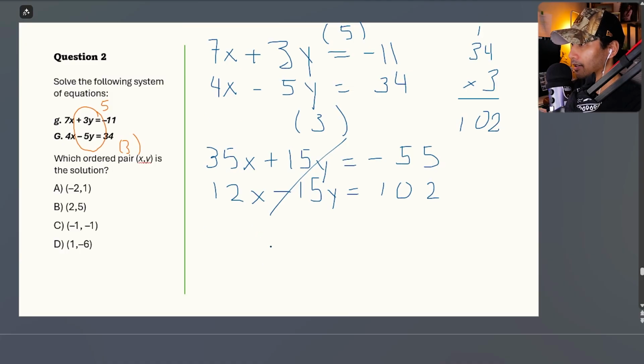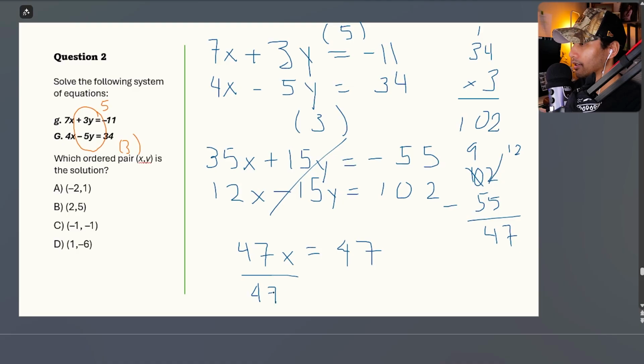Let's combine the x terms, and that's going to be 47x equaling 102 minus 55, which is 47. Perfect. Divide by 47, divide by 47, and then we get x equaling 1.